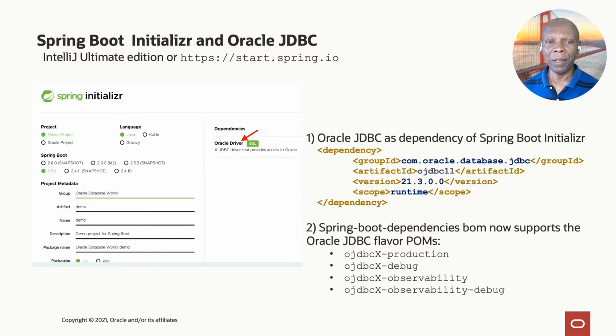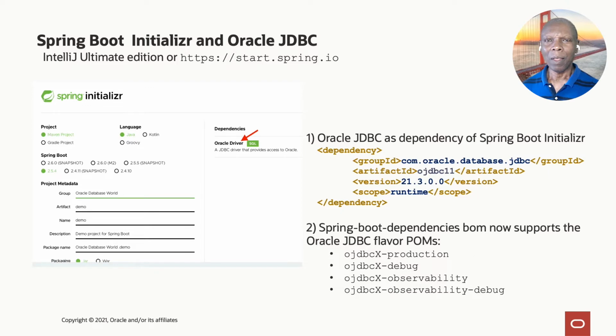The key point here is to have Oracle JDBC as a dependency, right? The way to double check that is to check that in the project pom.xml, you have com.oracle.database.jdbc, or JDBC 11. This is important for the remainder of the presentation: pick Oracle JDBC 11 and not OJDBC 8. And then pick the right version, 21.3, which is the latest.